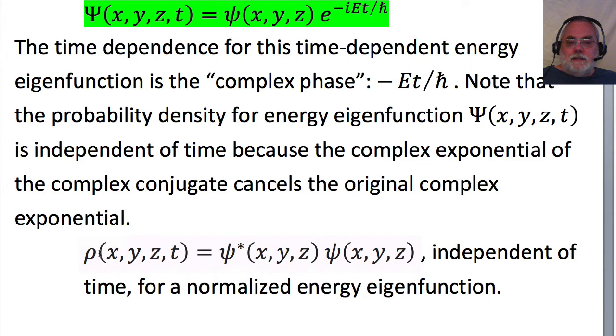So probability density of x, y, z, and t is lowercase psi star conjugate times lowercase psi, independent of time for a normalized energy eigenfunction.